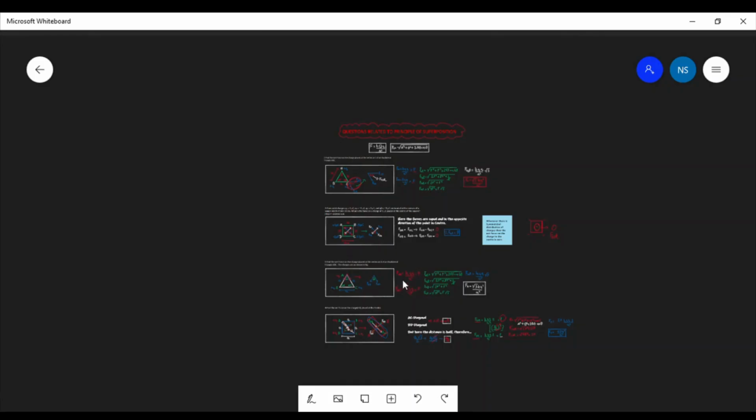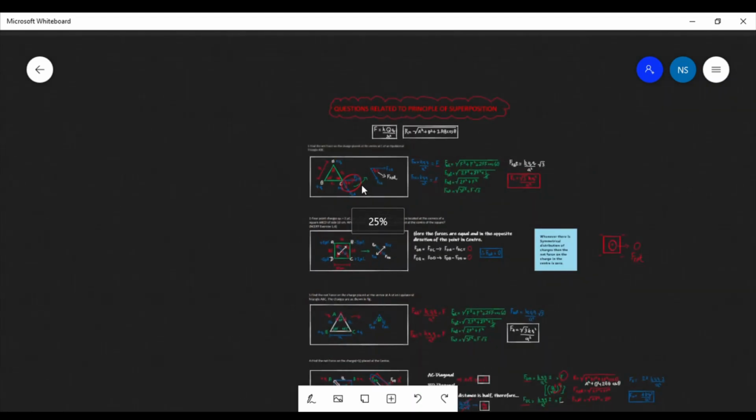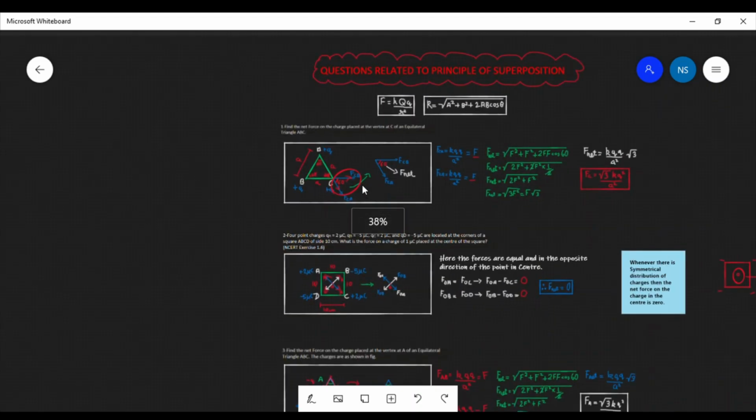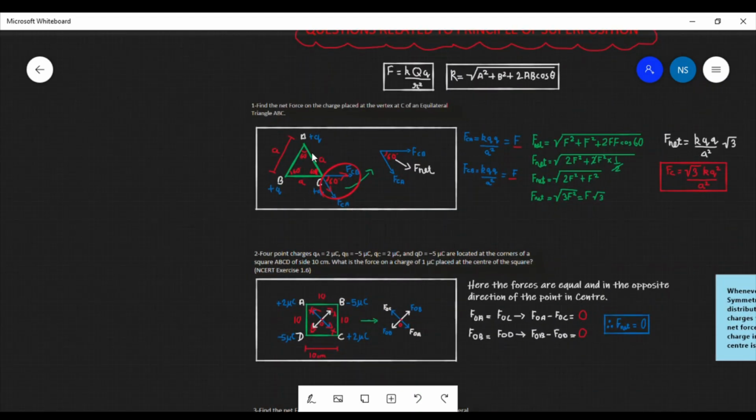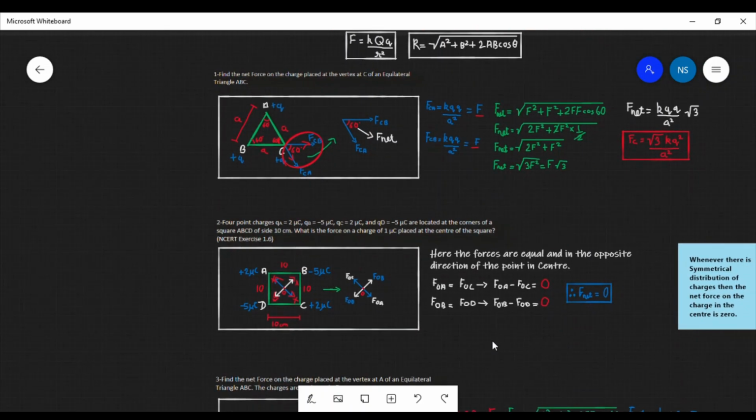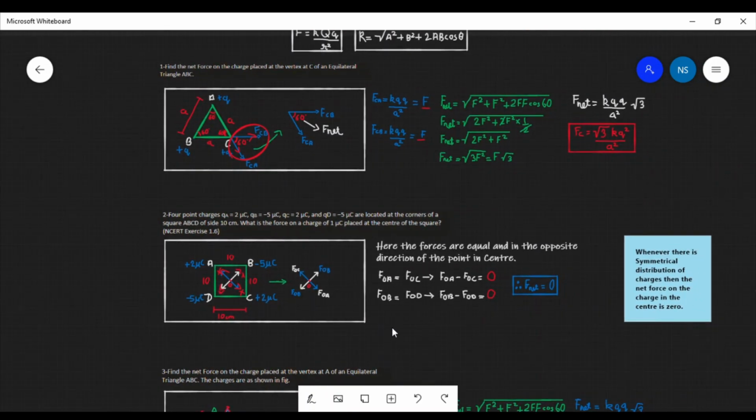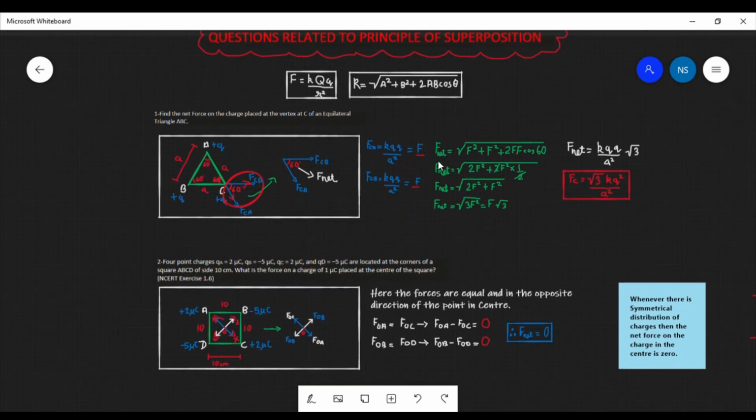So now let us revise the key points that we learned from this question. Whenever we are given these polygon types of questions, we have to find out the two vector forces, or maybe even more vector quantities, and we must try to cancel them if possible, and then we must add them by vector addition.